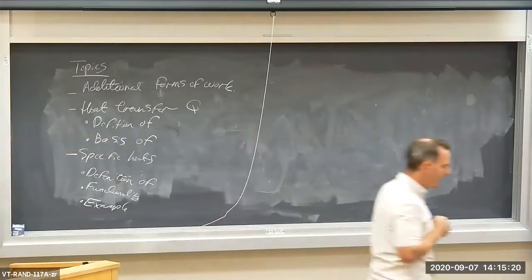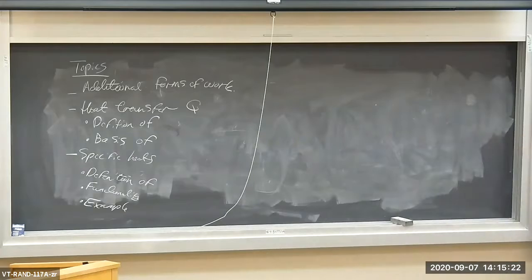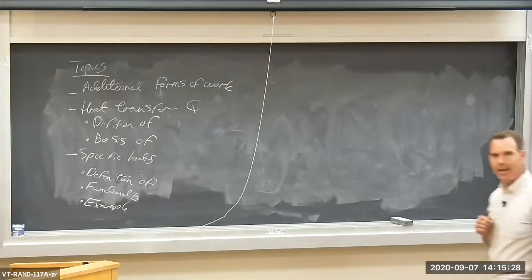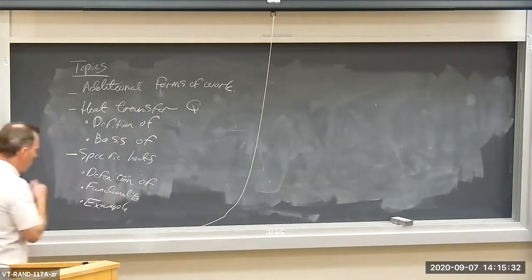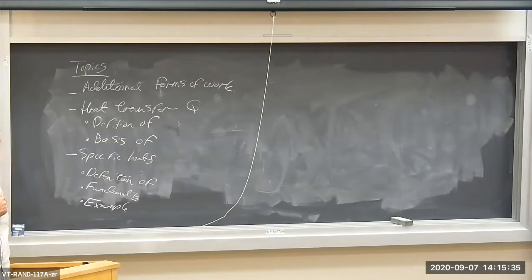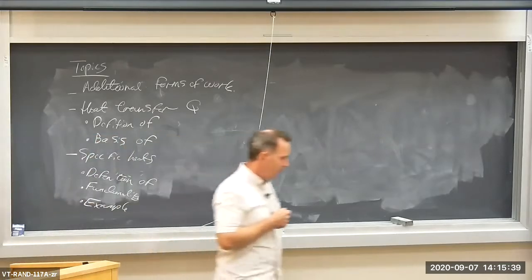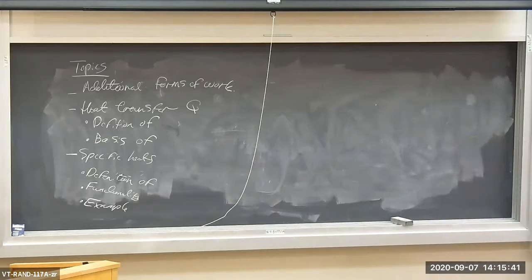And as you might guess, the temperature change of a system depends on the path taken when we add the heat, because Q is a path function. So we're going to round off the lecture talking about specific heats, how they're defined, what they are a function of, and then we'll do an example involving specific heats, their application.